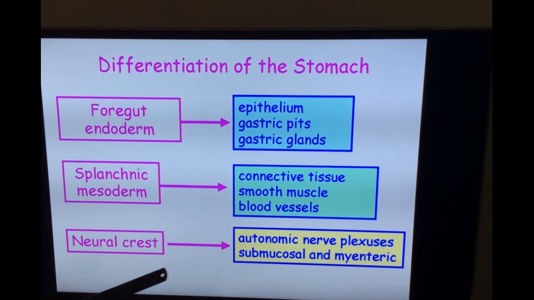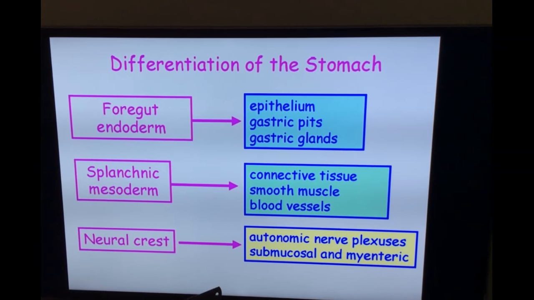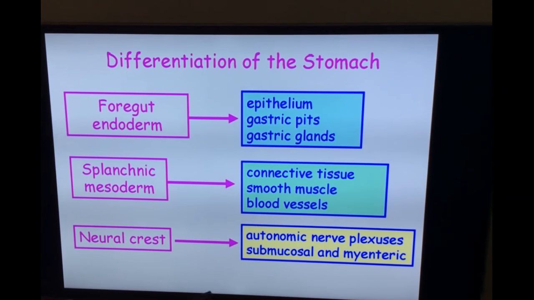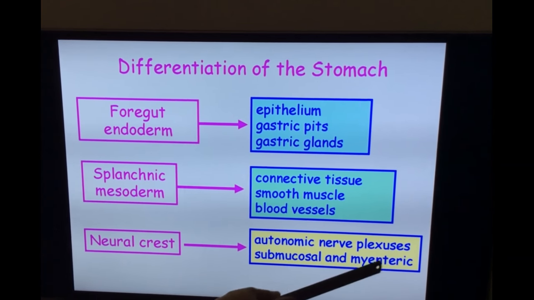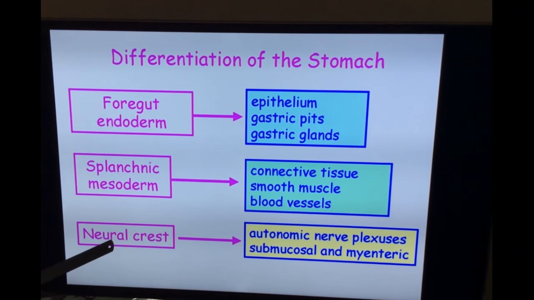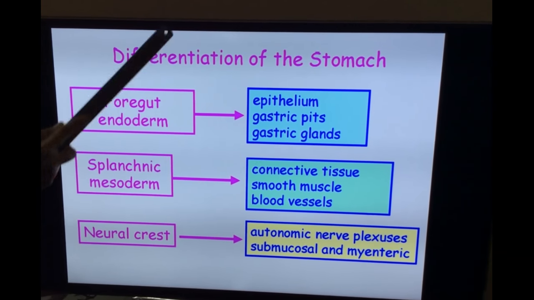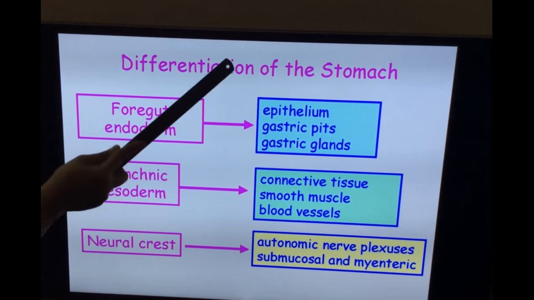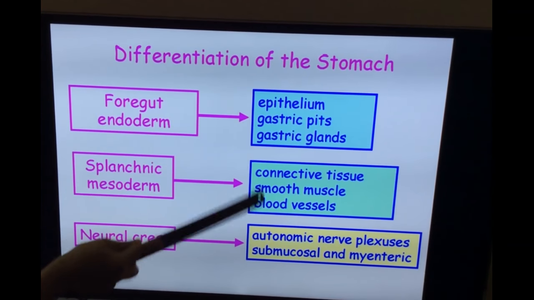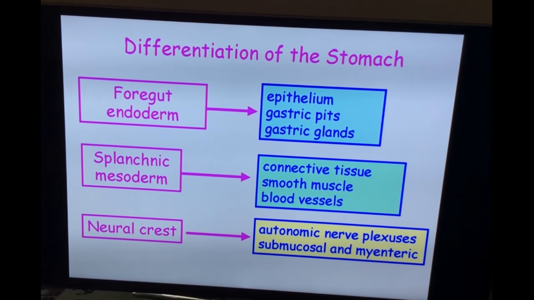There are different myenteric and submucosal plexuses within the layers of the stomach, and those autonomic nerve plexuses are derived from the neural crest cells. So this is how the layers contribute to the different structures of the stomach.